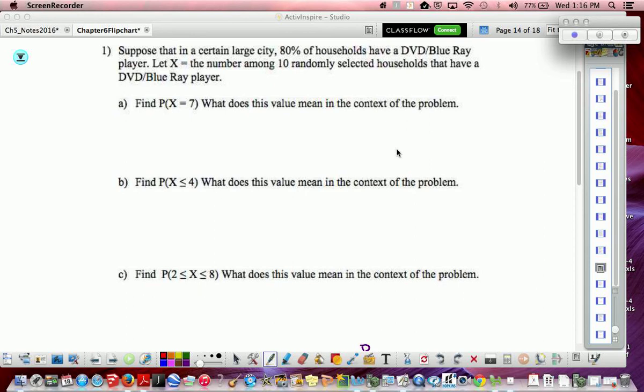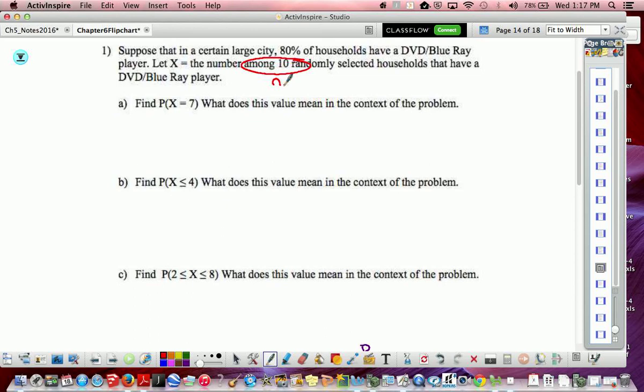Is it binary, meaning is it a success or failure? Well, yes, either they have a Blu-ray player or they don't. Independent: does one person owning a Blu-ray player impact another person? More than likely not. The number of fixed trials? They tell you right here that that number is 10.